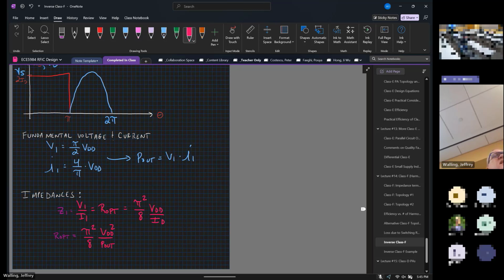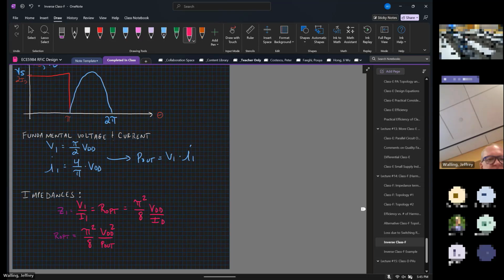All right, what can we say about this compared to our other switching amplifiers that we've seen so far? Pi squared over 8 is definitely better than 8 over pi squared.